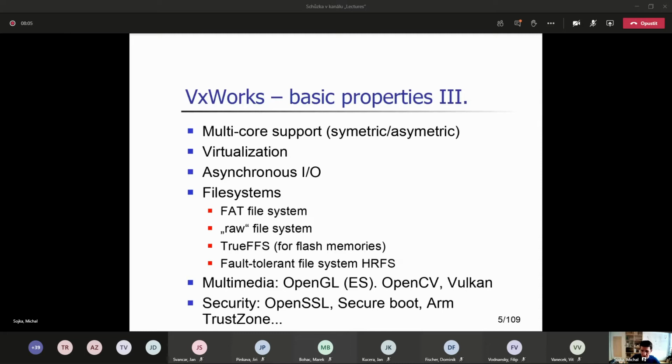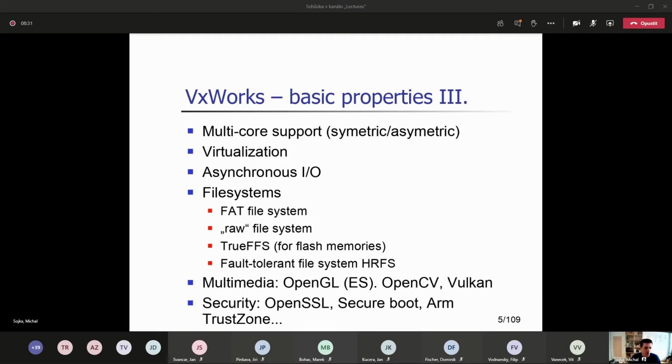And then there are other features. Again, it's a must these days: multi-core support, virtualization, asynchronous I/O. There are some file systems supported. In terms of file systems, the support is not that rich as in case of typical server or desktop operating systems.